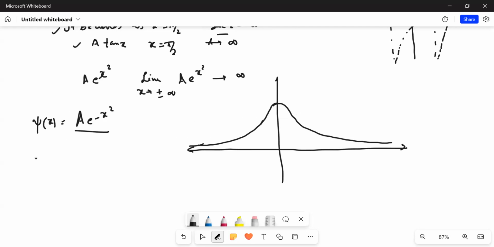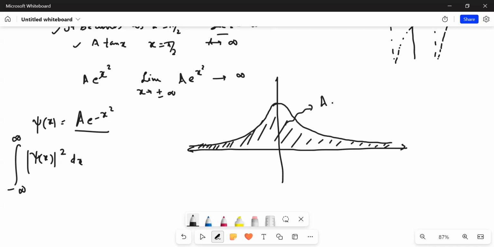What after all does psi mod whole square dx represent? It represents the probability of finding the particle somewhere in space if I integrate from minus infinity to plus infinity. So one can say that it actually represents the area. And since this is a bounded and continuous function, it is Riemann integrable, and the area is well defined.